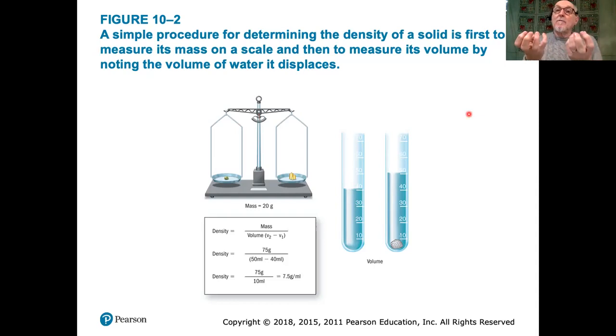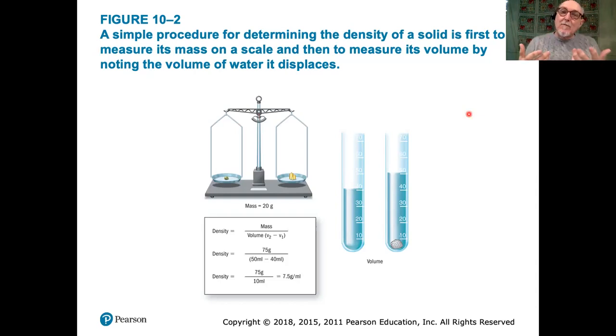For the same volume, they have entirely different weights. Now, that is a reflection of the fact that the mass of the lead is much greater than the mass of the wood. The amount of atomic particles, in actual fact, in the lead is much greater, and the lead has much more mass.